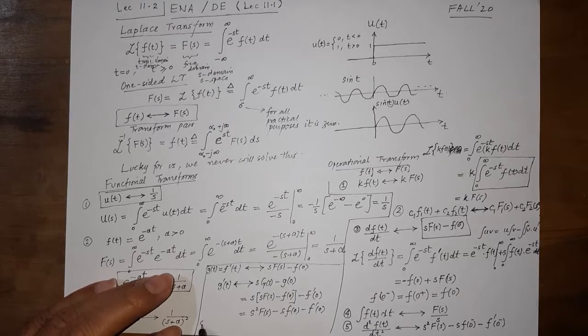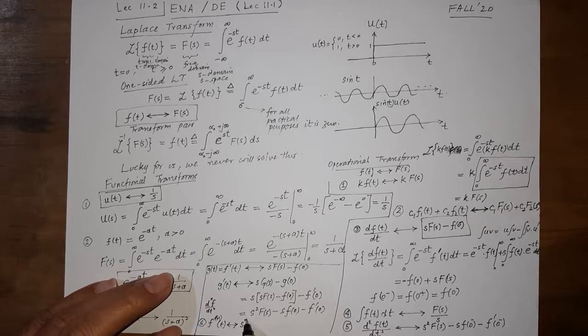And by the way, this also helps us write: if we take the nth derivative of f of t, what do you think would be the Laplace transform of this? So this notation, f nth derivative of t, we should better write it like this. Then when we have the second derivative, we have s square here.